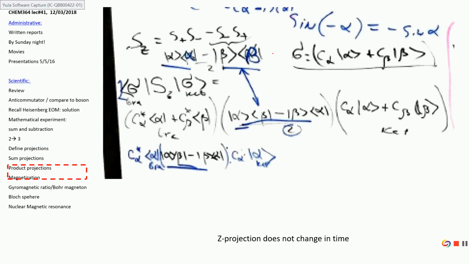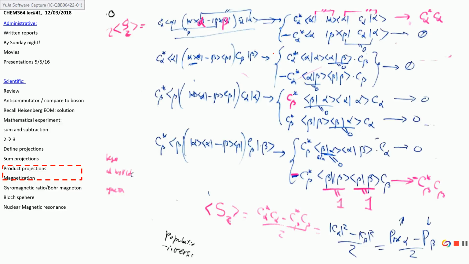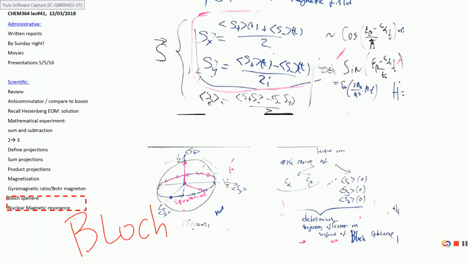And if one practices subtraction of this thing, and puts bra and ket for any true quantum state, like alpha and beta, C sub alpha, C sub beta, and bra C alpha star, C beta star, if one practices this for the inversion operator, one will get a constant. It will not change in time. So for X and Y projections there is dynamics, and for Z there is no dynamics. Therefore, it proves this nice stick man traveling along the paper.